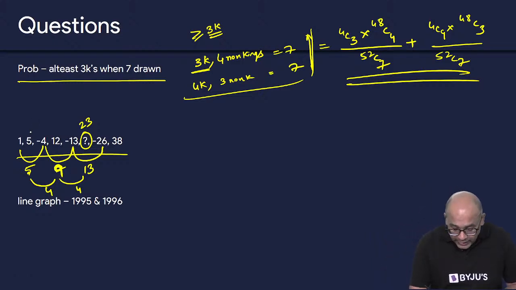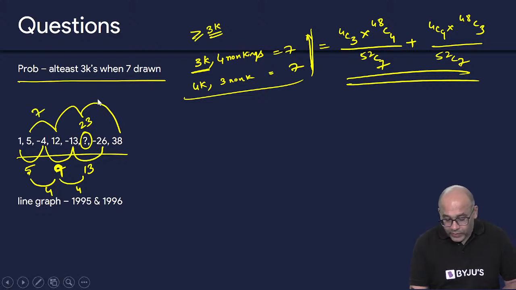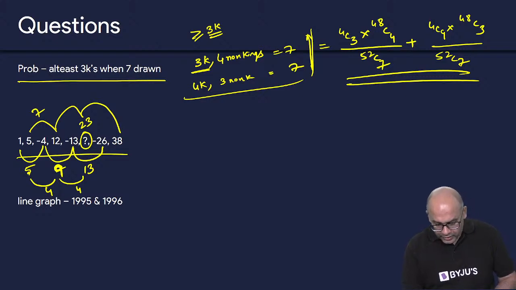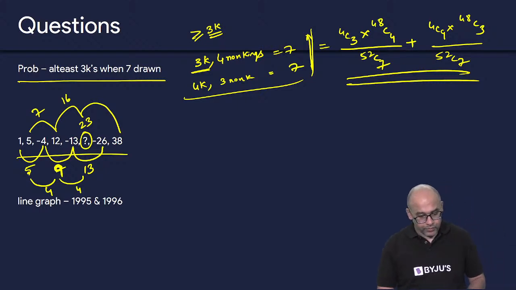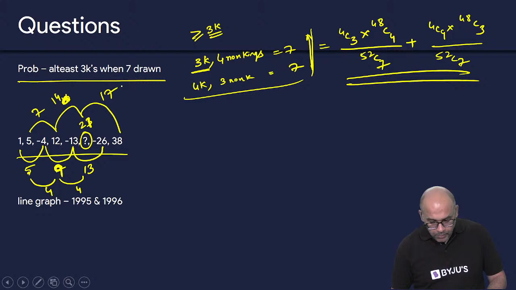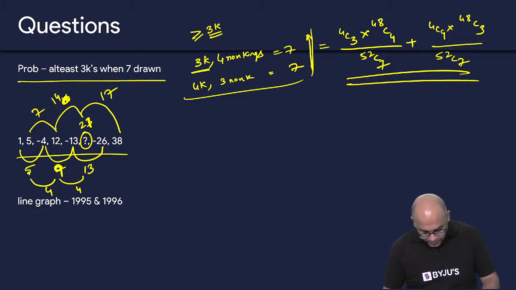Now, if you look at these numbers, 12 and 7, 7 and 23. Is the difference 15, or 16? And then 23 and 38 is 15. I think this should be 21 then. Let me just recheck. No, just a minute.